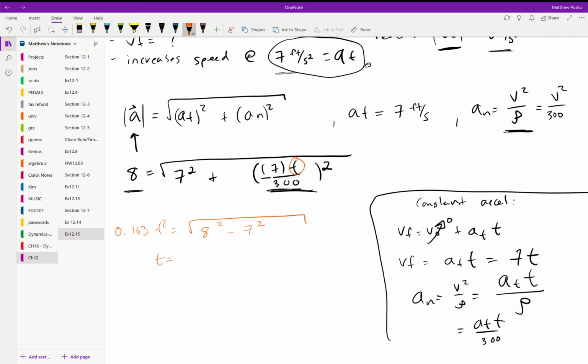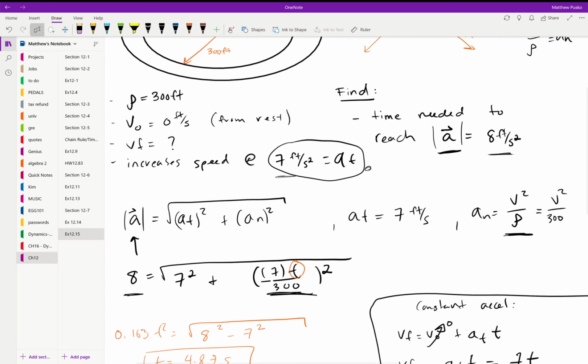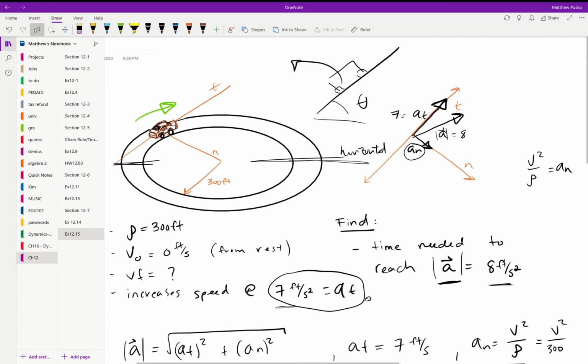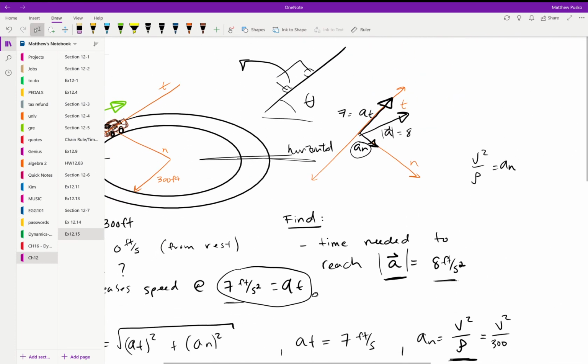T ends up being, taking the positive root, 4.87 seconds. Alright, that's what they wanted to know. How long does it have to accelerate at 7 feet per second squared until we get an acceleration vector, this thing right here, to grow from its initial 7 to 8, because we're adding a normal component.